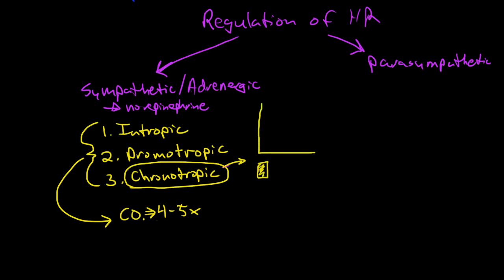It increases the leakiness of, here, this is an action potential, and if you remember my discussion about action potentials of cardiac cells, what the sympathetic nervous system does is it causes the leakiness of the pacemaker cells to increase.